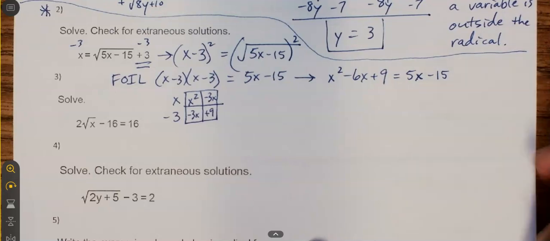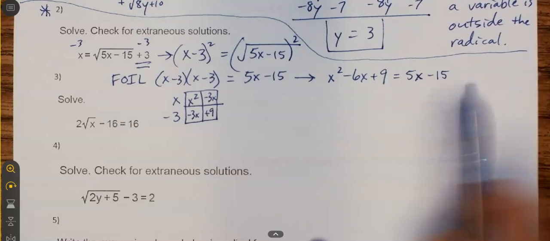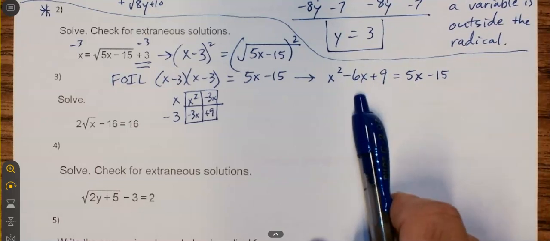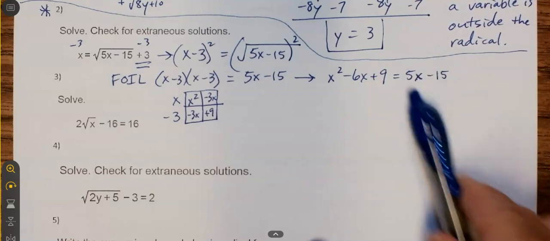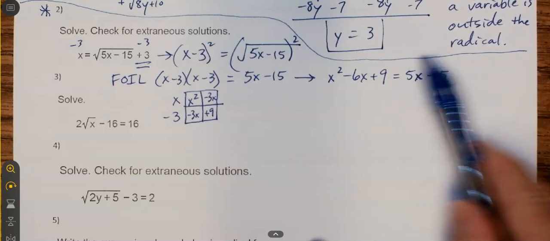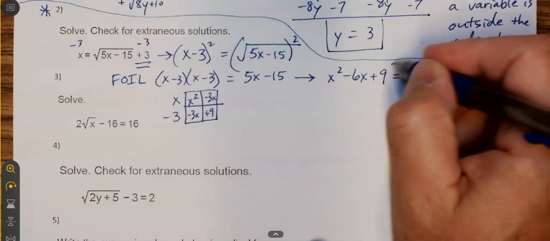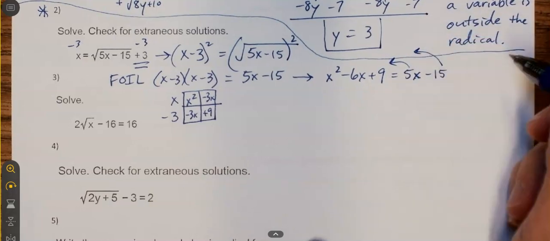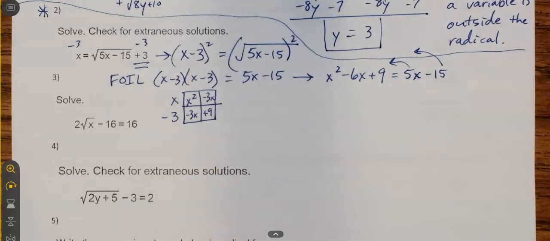Now what? You guys remember this when you had a quadratic? What number do we want to have over here? Say it louder. 0. So how do I get these two terms over here to move over to the other side? Subtract a 5x.